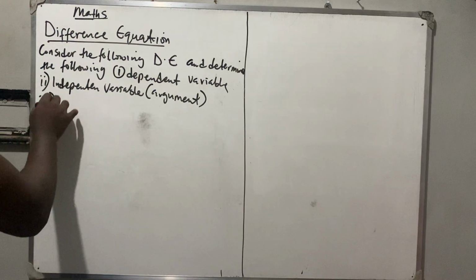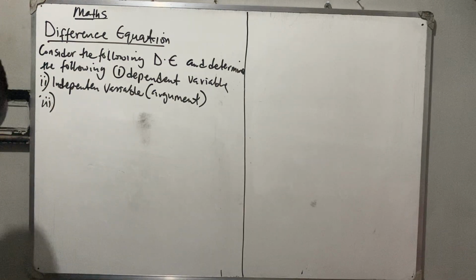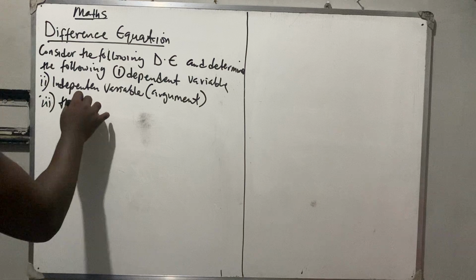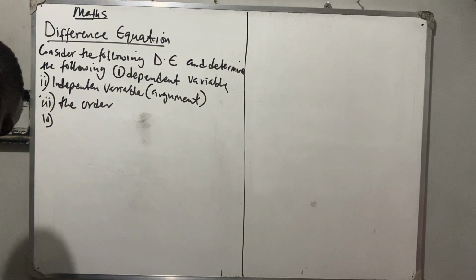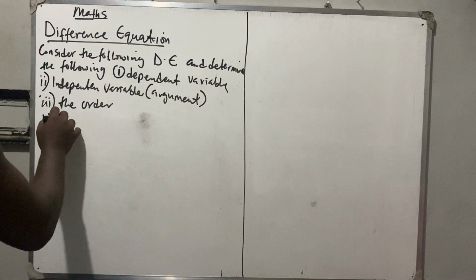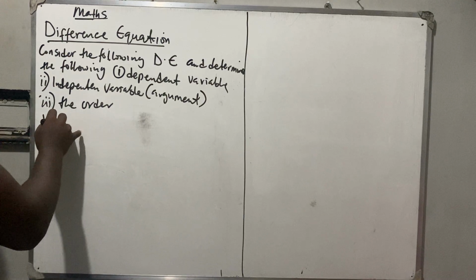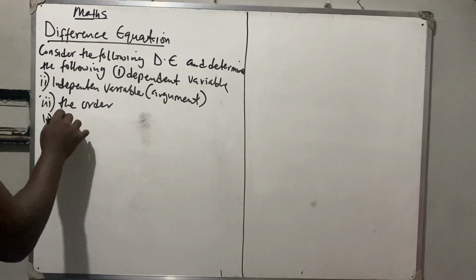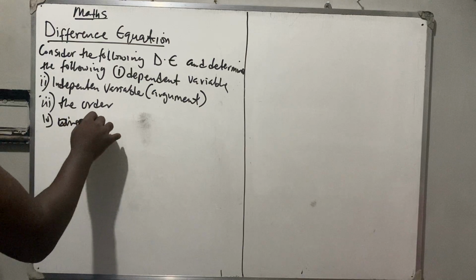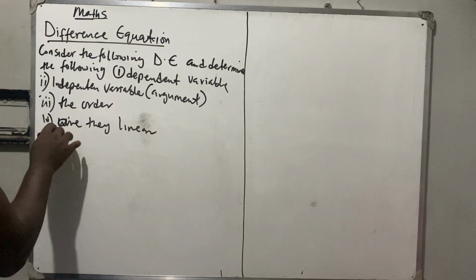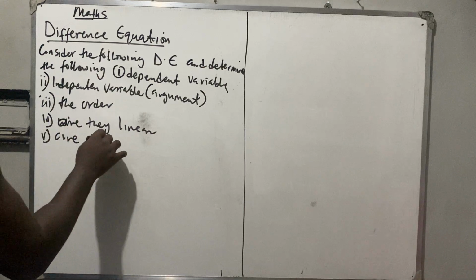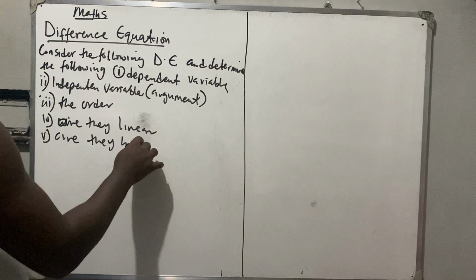3, the order. 4, are they linear? 5, are they homogeneous?